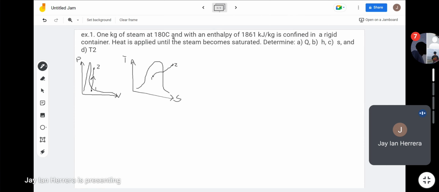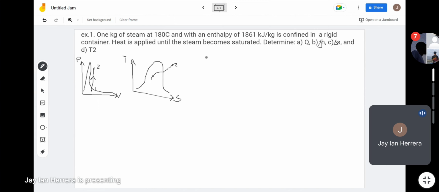So here, 1 kilogram of steam at 180 degrees and with an enthalpy of 1861 kilojoule per kilogram is confined in a rigid container. Heat is applied until the steam becomes saturated. Determine the heat, the change in enthalpy, the change in entropy, and T2 or the final temperature.